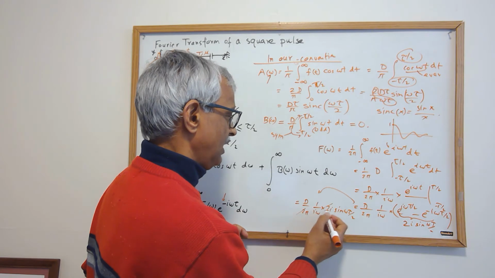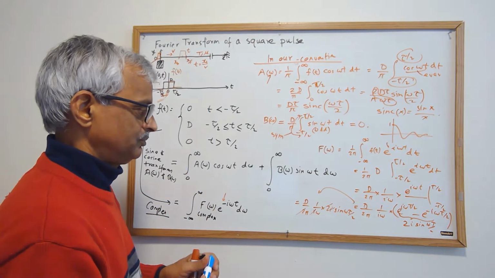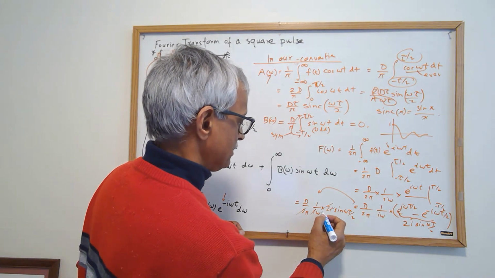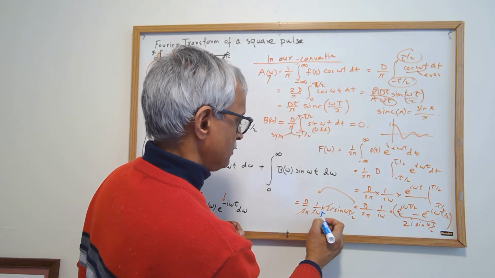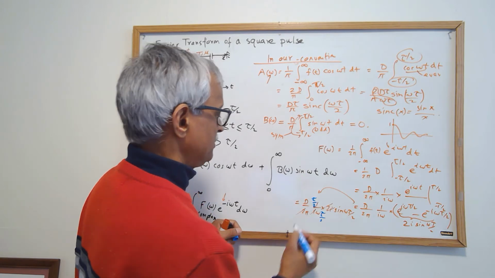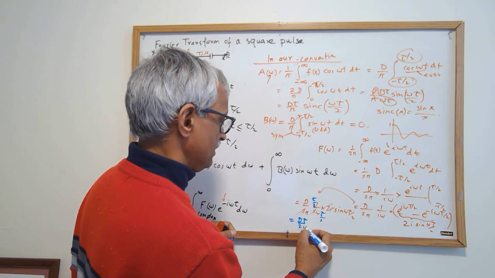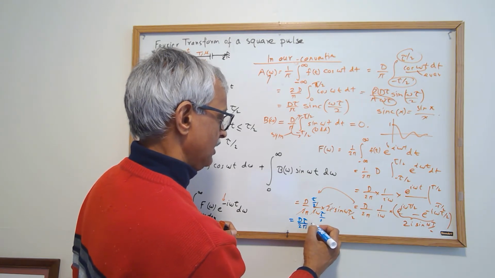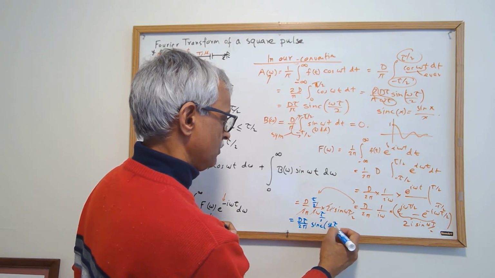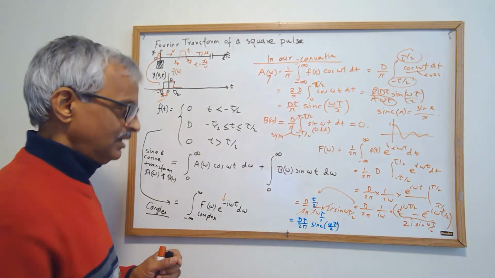This 2 cancels, this i cancels, so I can do omega tau over 2 and multiply by tau over 2. So this is d tau over 2 pi times sinc omega tau over 2. So there's a factor of 2 difference between a omega and this.